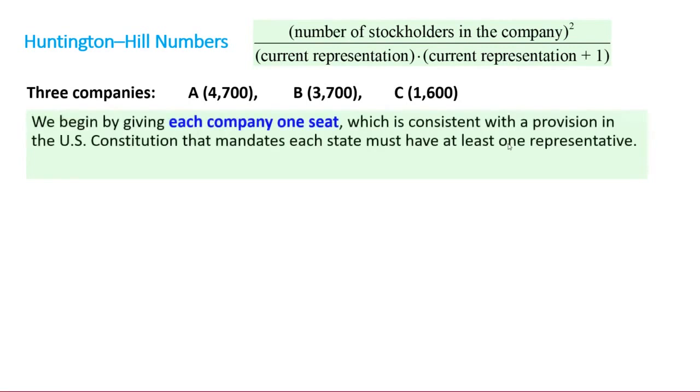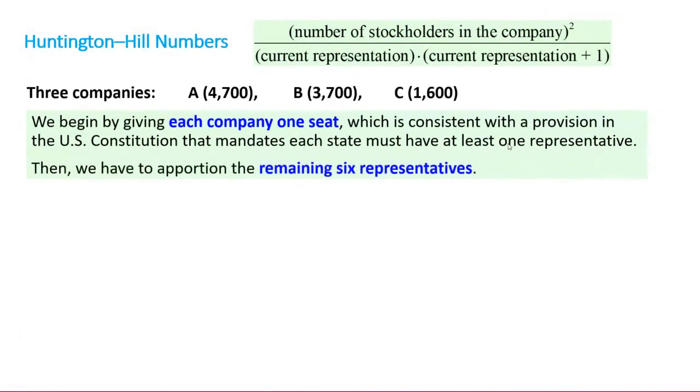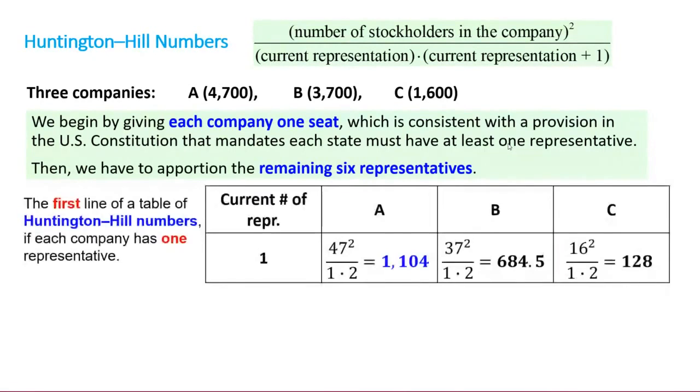We first assign one seat to each company, and then we calculate the Huntington-Hill numbers for every next representative. First we assign one representative to each of A, B, and C. So the present number of representatives is 1 for everybody. The 1 plus 1, the next number of representatives, will be 2. So the denominators are the same for every company.